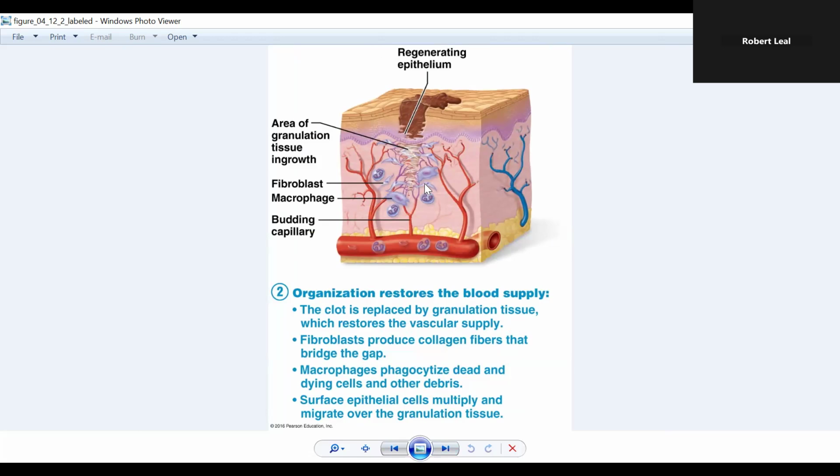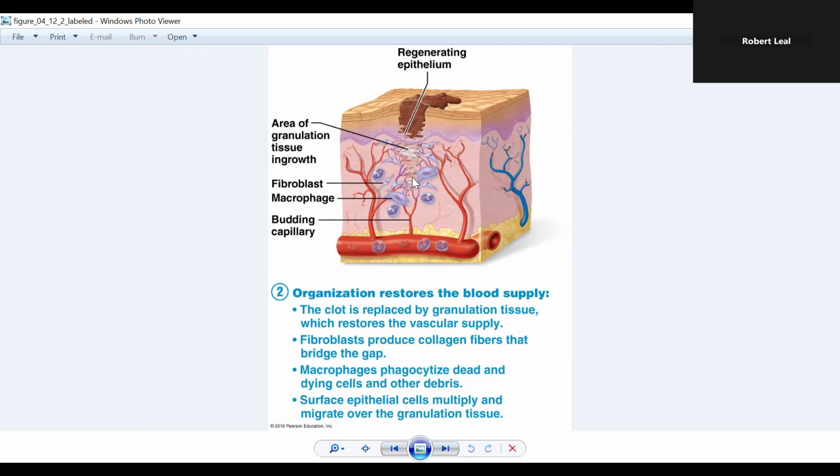Now's the time to do repair. The top layer, as long as the basal layer is somewhat intact, it's going to do mitosis and you'll have the exact same type of tissue up top. Now, the connective tissue in the middle layer called the dermis, there are fibers there. You have collagen fibers to resist pull, and then you have elastic fibers, somewhat pliable.